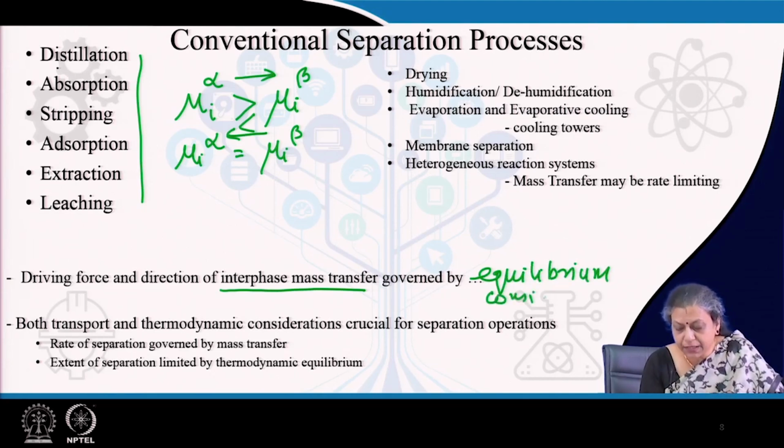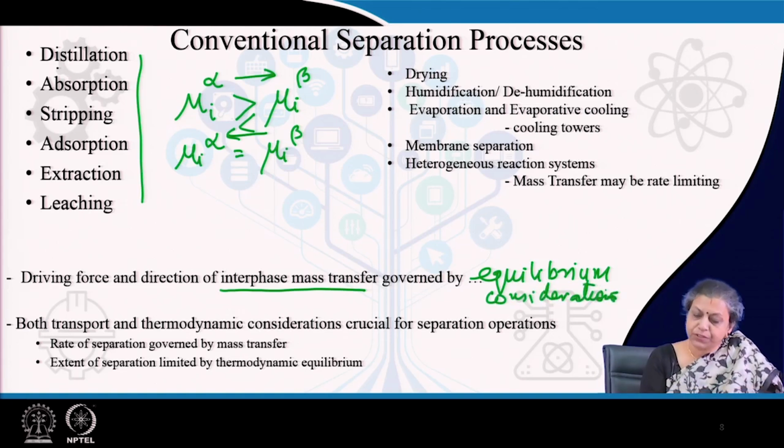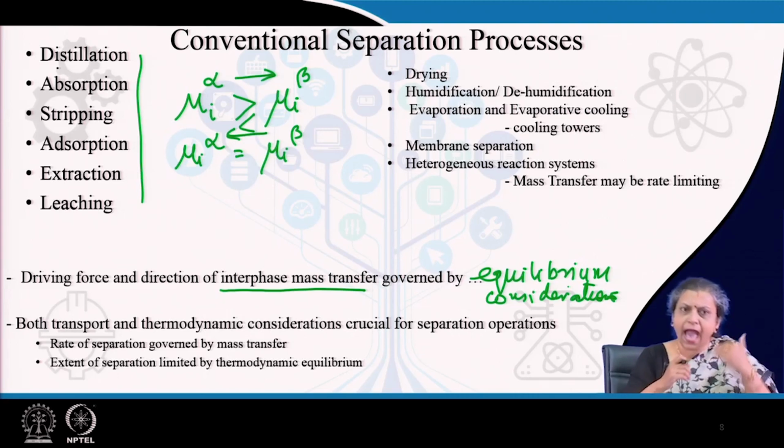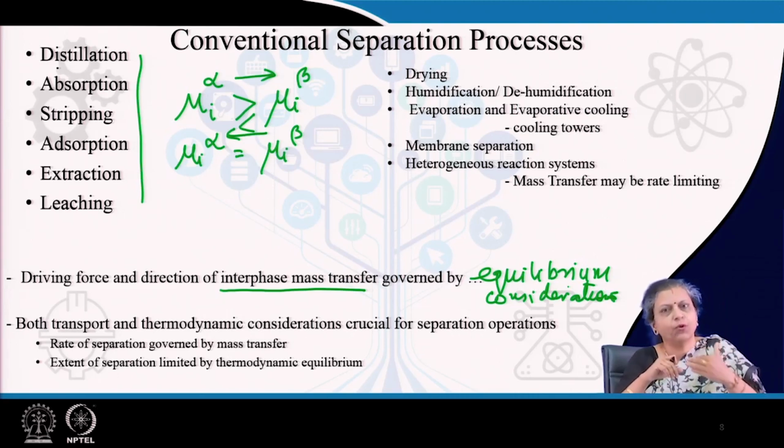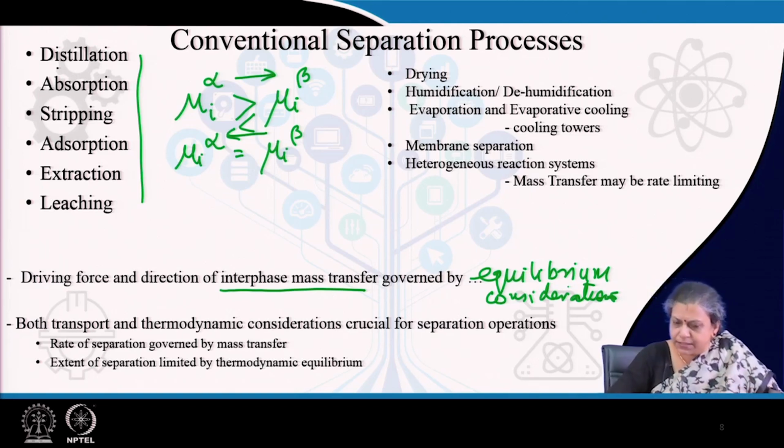There are other multi-phase mass transfer processes which are not governed by equilibrium considerations, just like evaporation I was mentioning. Say for example, drying. Definitely in drying, what happens? We have a flowing warm air and some liquid, it vaporizes here.